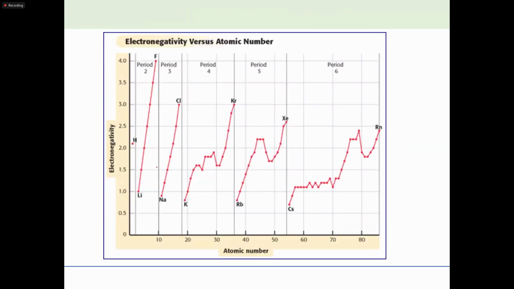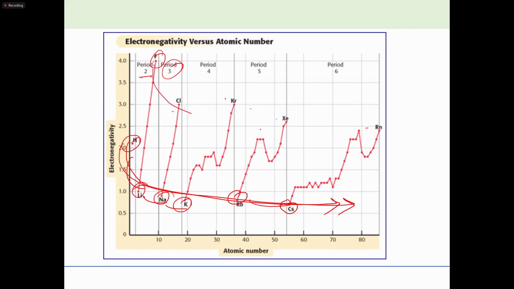Here there are some values. You can see that going from hydrogen to lithium, sodium, potassium, rubidium, cesium, as the atomic number increases along the group, the electronegativity value decreases. Similarly, for the halogens, fluorine down to the others, it is also decreasing.